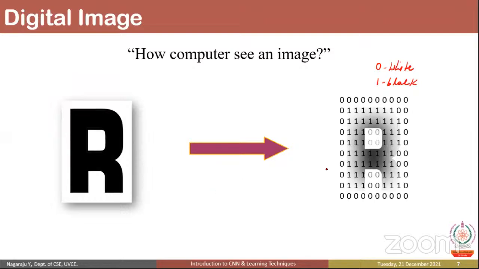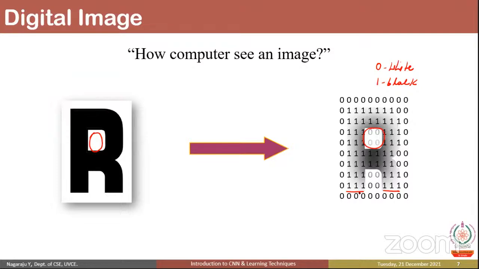You can see that where there are black pixels there are ones. If white is there, for example this region, it is completely 0, and the surrounding is also 0, and here it is 1. This is how a normal image is converted into a digital image.